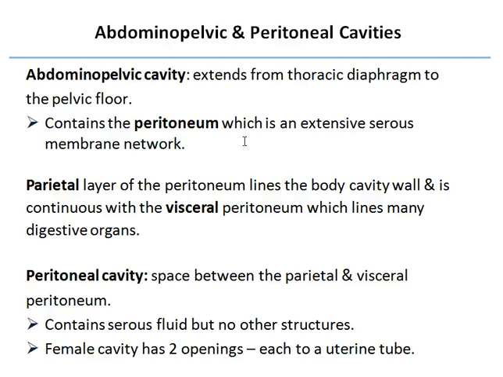These two layers join with each other, so it's a continuous membrane network. Between the two layers is a space, and there will be fluid in that space, and that concept was highlighted when we looked at the lungs. That fluid helps reduce friction, which is important when you're dealing with organs such as the lungs or the digestive organs that are capable of movement.